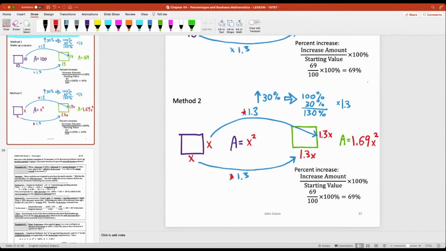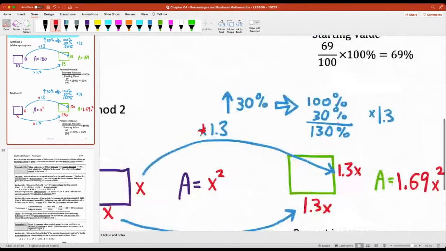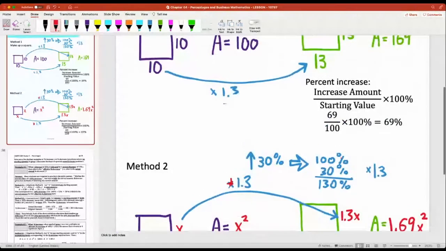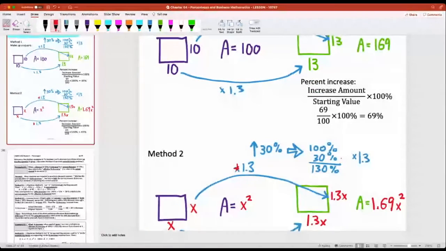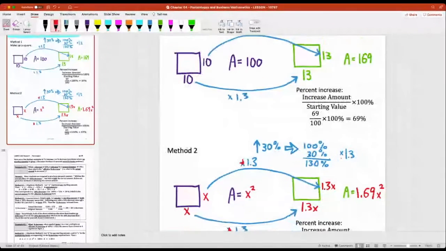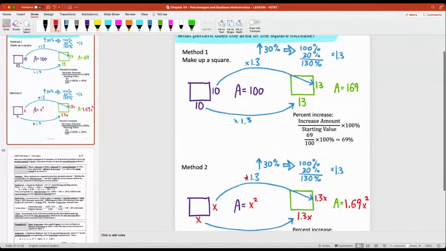Beautiful. So we're almost there. We're almost out of the woods here. Let's take a look. How did I get 1.3? The same way I did in the previous. Okay, wait a second. How did I get 1.3? What I did up here. It's the same thing as the previous part. It's still 1.3. It's still up 30. All this stuff in blue is the same. I didn't change anything. All I'm saying is I don't want 10.